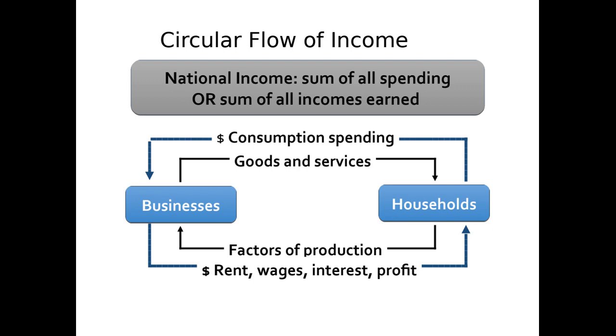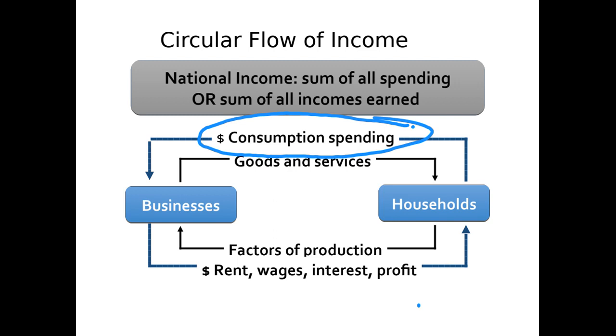First, I can calculate using only this. This is the value of all goods and services that the household sector bought from these businesses. So consumption spending in terms of dollars is the total value of goods and services being produced by these businesses. So that is one way to calculate income of this country.